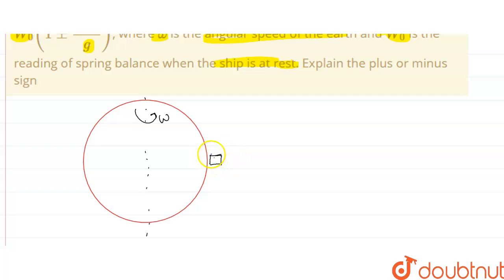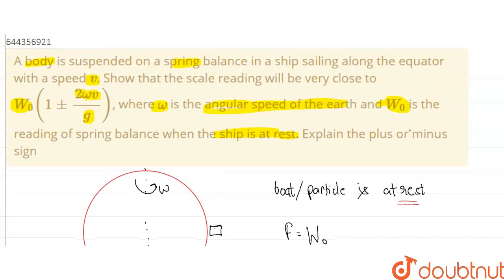Now the particle up here, when it was at rest, the boat or particle is at rest. What are the forces? The apparent weight, which in the given question is W naught, is the reading of spring balance when the ship is at rest.